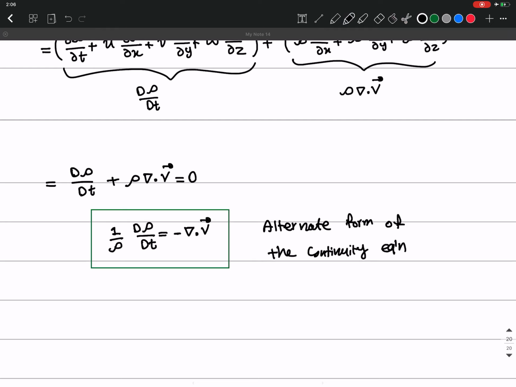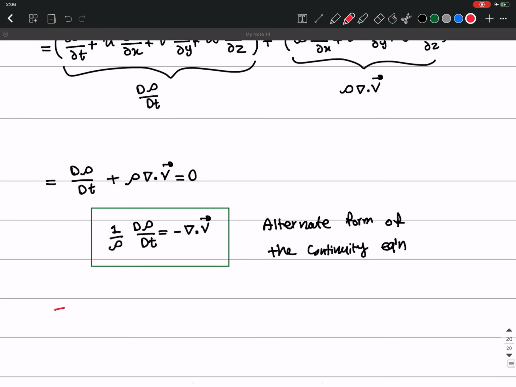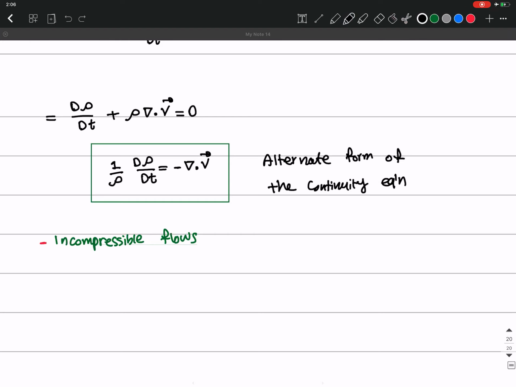So now we want to define, based on these equations, incompressible flows. What does incompressibility mean? Remember, I'm talking about flows, incompressible flows. So let's see what they mean and how we define them. Incompressible flows, for example, like air and water, are defined as this.